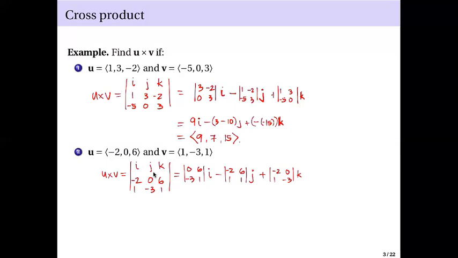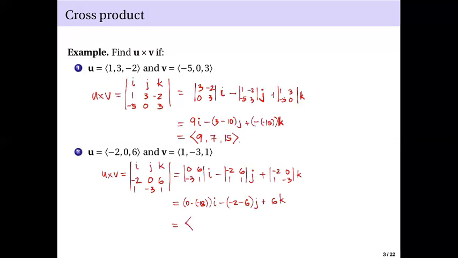And then let's find the determinants here. On the first, you have 0 minus negative 18, i, minus quantity, on the second, you will have negative 2 times 1, that's negative 2, minus 1 times 6, that's 6, j, plus on the third one, we have negative 2 times negative 3, that's 6 minus 0, so let's just write 6k.